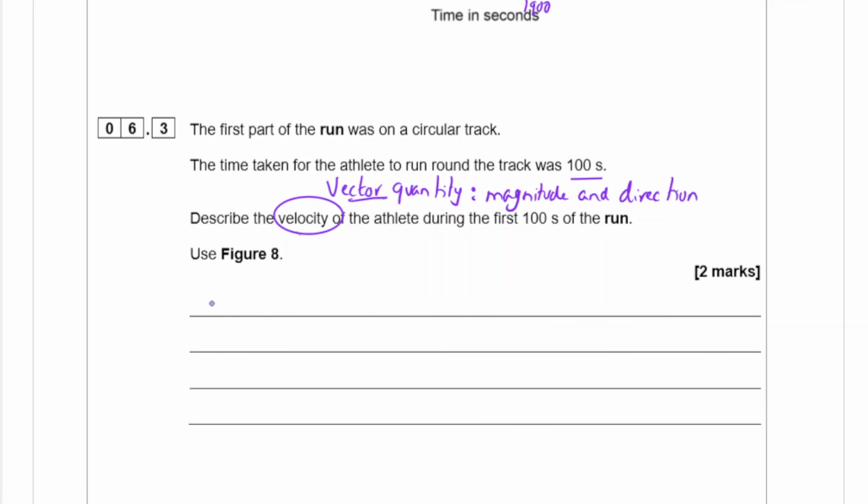So how do you describe the velocity? Magnitude of velocity is constant, or you could say the speed is constant.